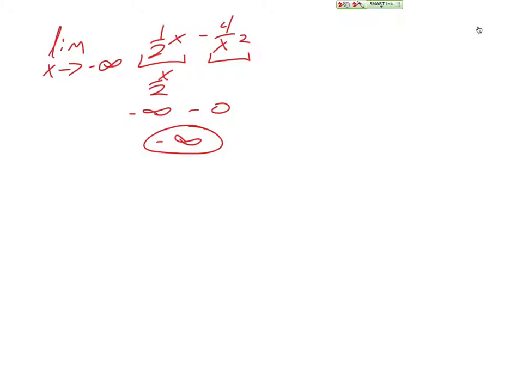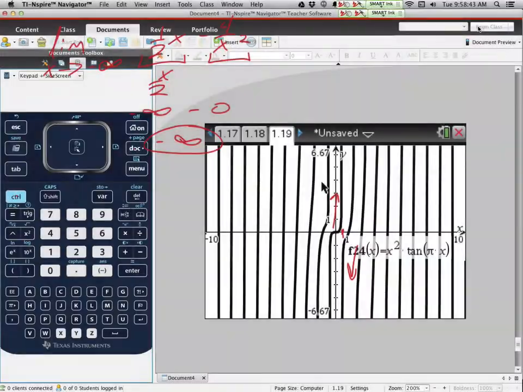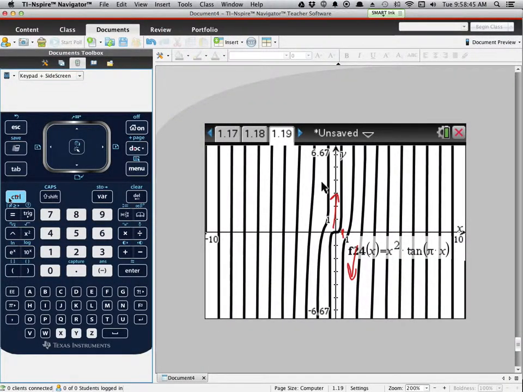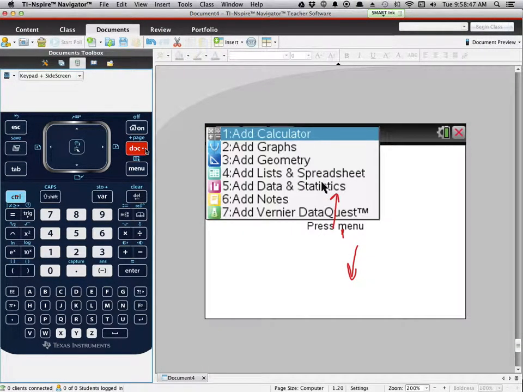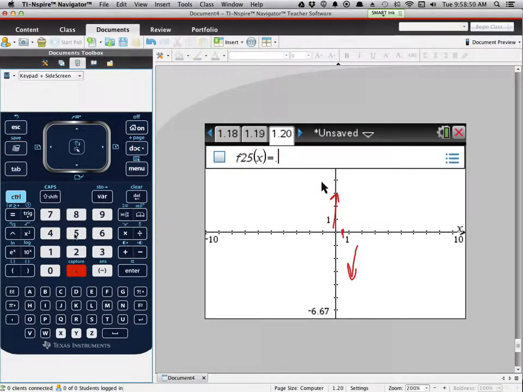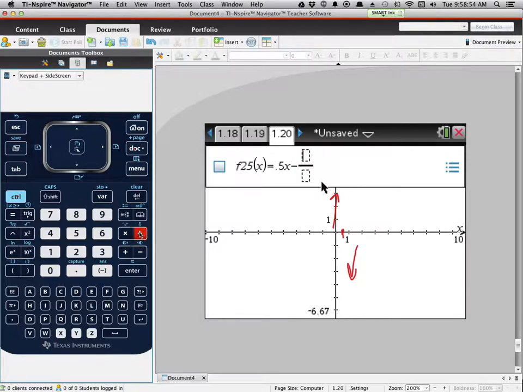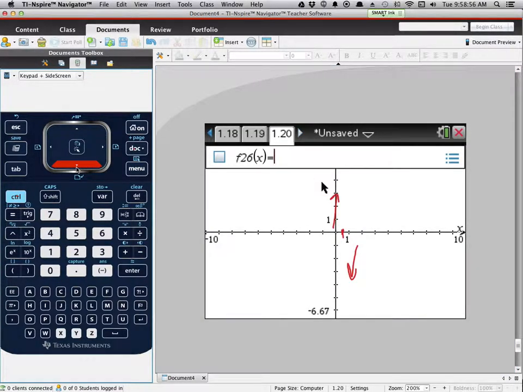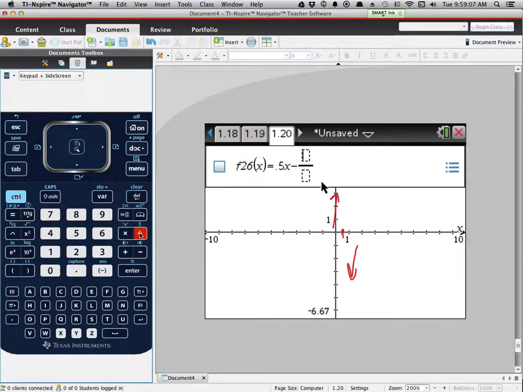So we'll graph that real quick. Somebody help me with that. Control dot 2, it was 0.5x minus 4 over x squared.